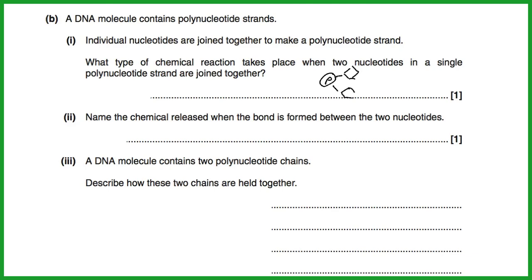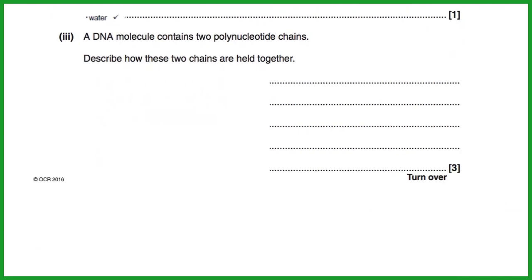So this is forming a phosphodiester bond, and the type of chemical reaction that takes place is a condensation reaction because it produces water. Name the chemical released when the bond is formed between the 2 nucleotides. Well, again, it's water.